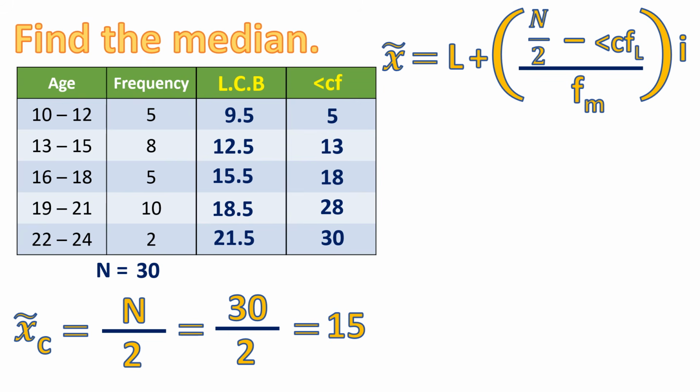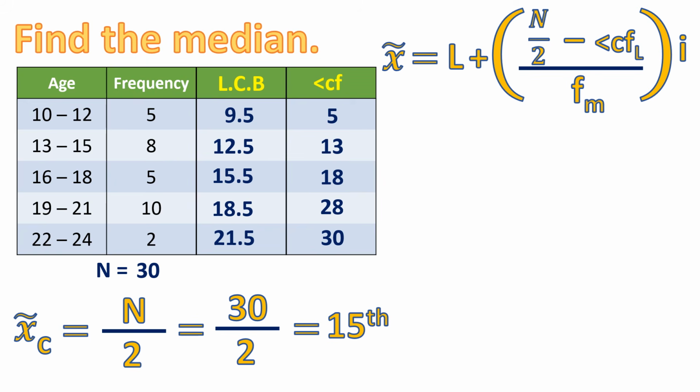But this is not yet the median, it's the median class, meaning it's the position. So we put the position symbol, th, which means it's the 15th. The median class is located in the 15th position. Now we're going to look at the less than cumulative frequency and find 15.